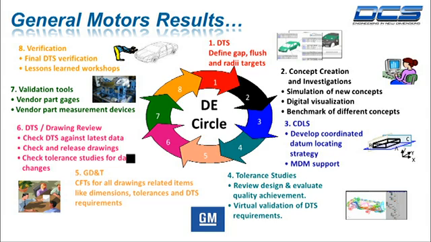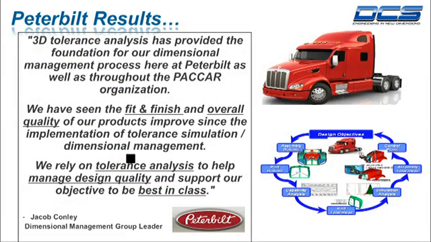GM's application of the DE circle, as they call it, starts very early with their definition during the early development stages, and goes right on through the concept, engineering, validation, and verification in the manufacturing process.